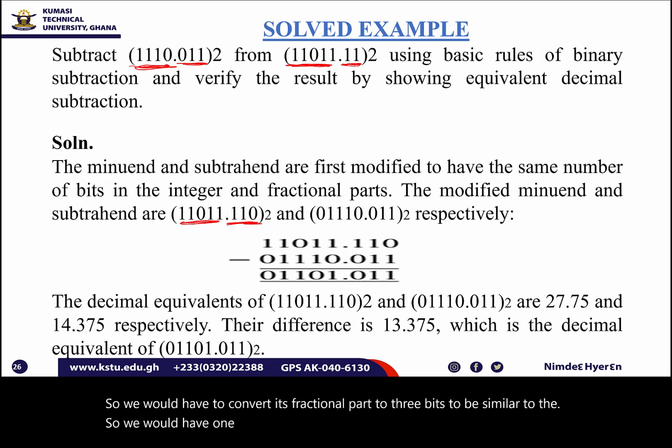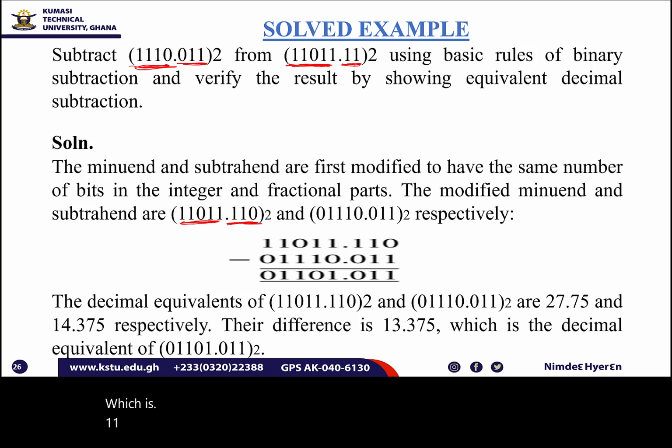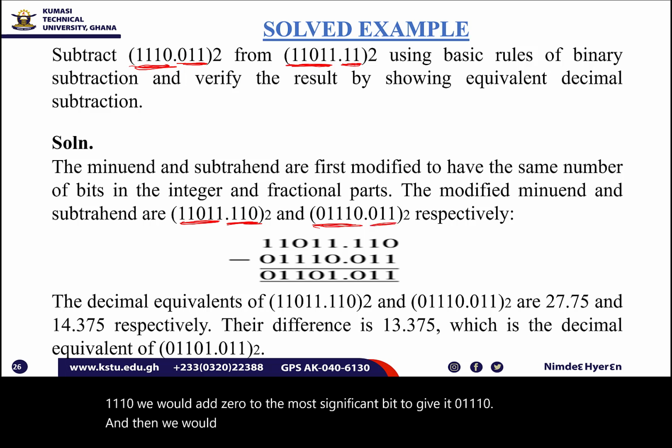And then for the subtrahend, which is 1, 1, 1, 0, we would add 0 to the most significant bit to give it 0, 1, 1, 1, 0. And then we would have 0, 1, 1 as the fractional part.